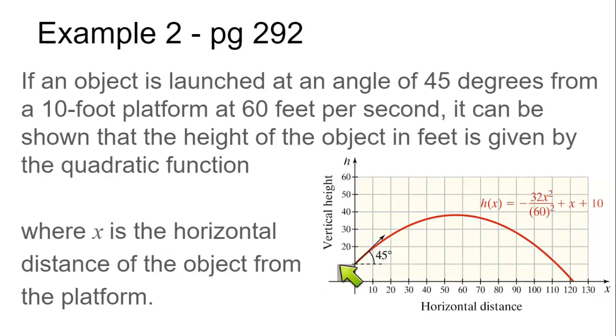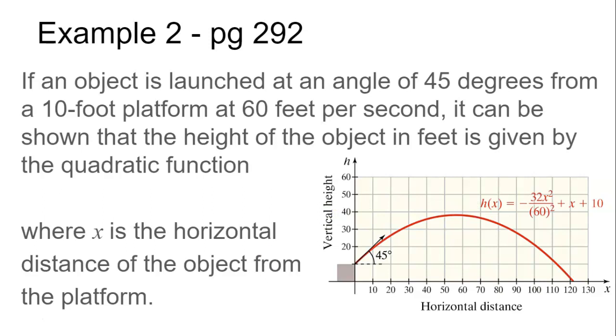The object is launched from a platform at a certain angle of inclination, at a certain speed or velocity, in this case 60 feet per second. And this is just the trajectory. So it was launched off the ground, and then it hits the ground finally after 120 feet from the target. And this is the function that models that trajectory.